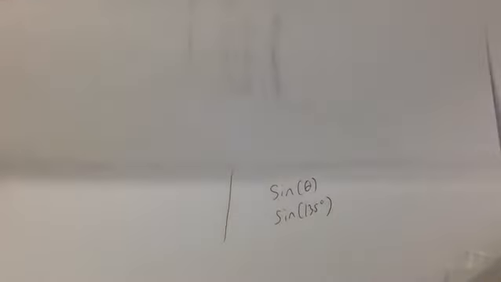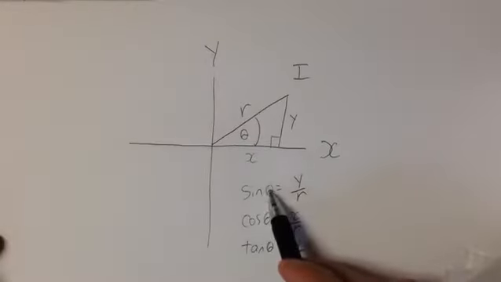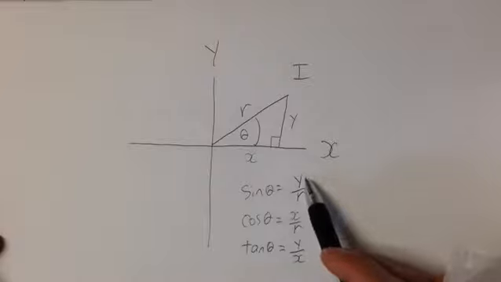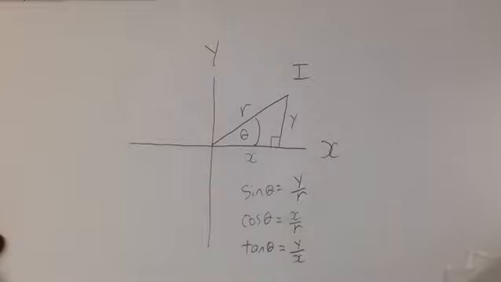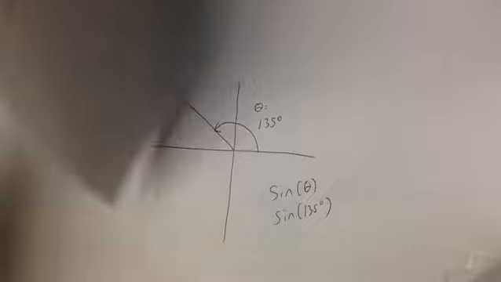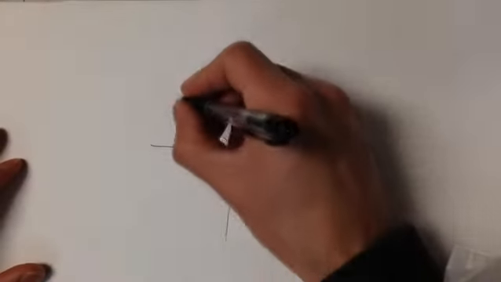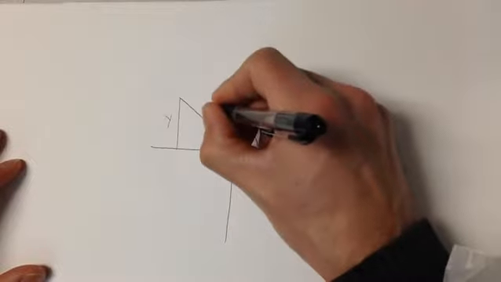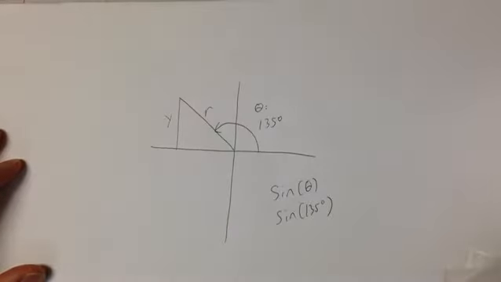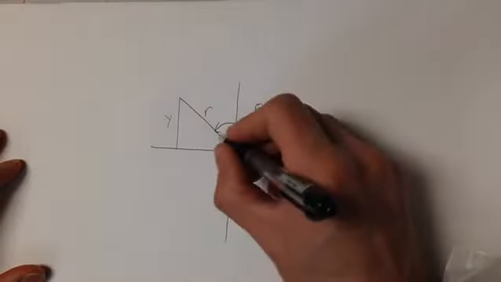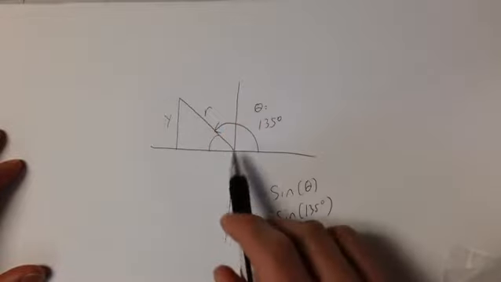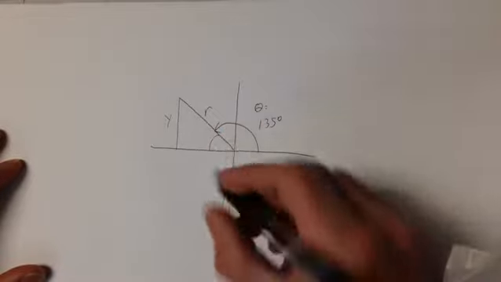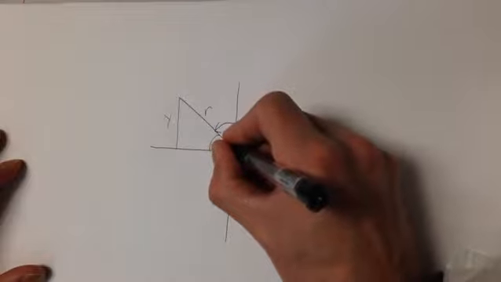Well, as you recall, we define the sine of theta as the y value divided by the r value. So if I draw the triangle here, this is my y value, this is my r value. A little bit of geometry and you can tell that the angle in here is 45 degrees.